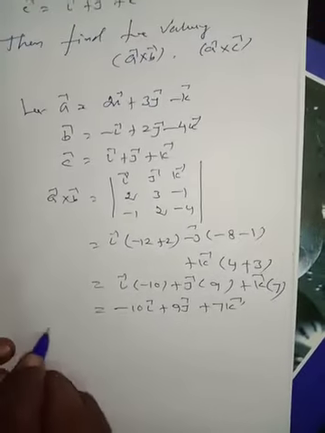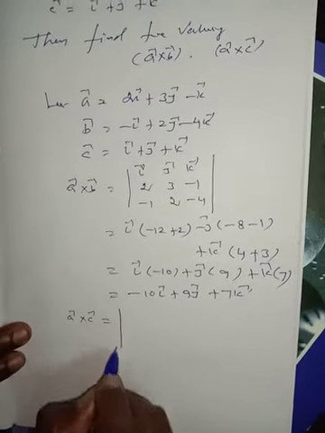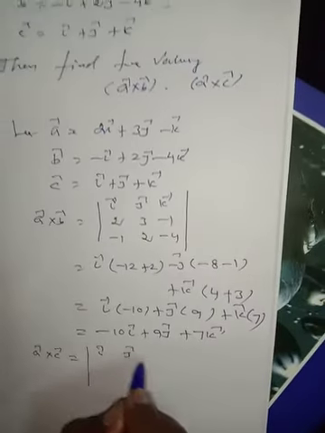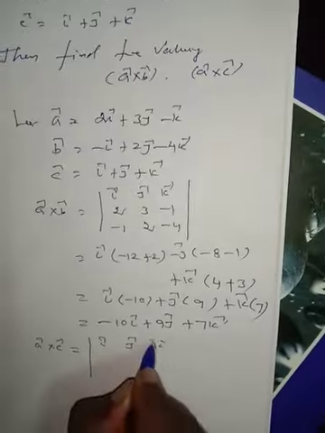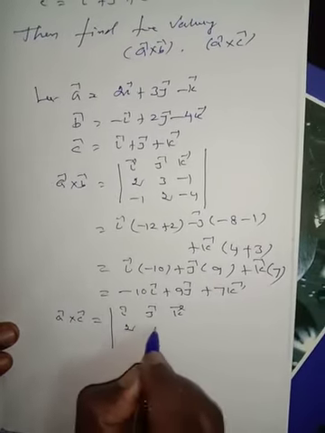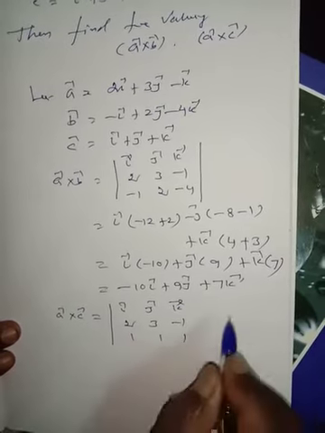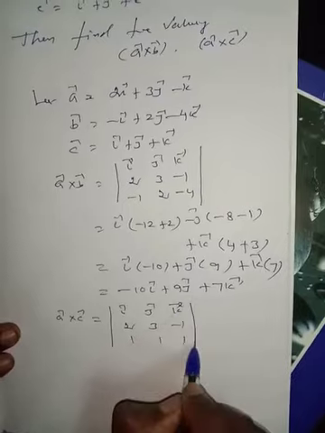Next to find A vector cross C vector. I vector, J vector, K vector; A is 2, 3, minus 1; C is 1, 1, 1. Coefficient of IJK is 1, 1, 1.